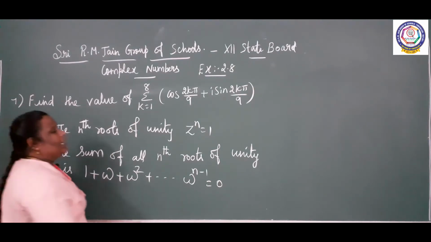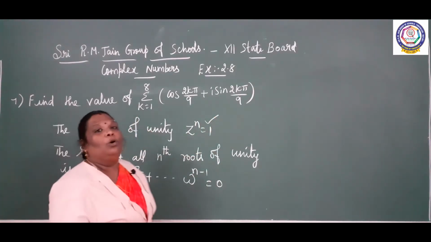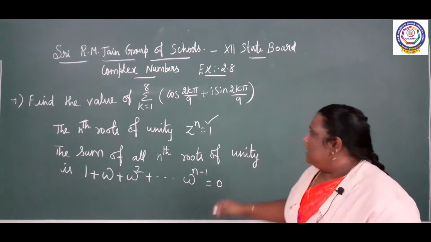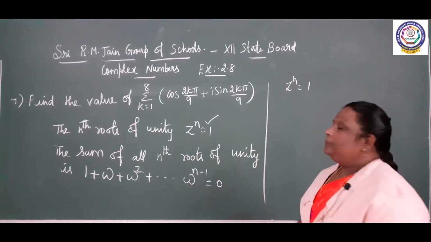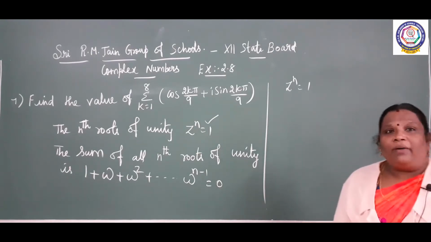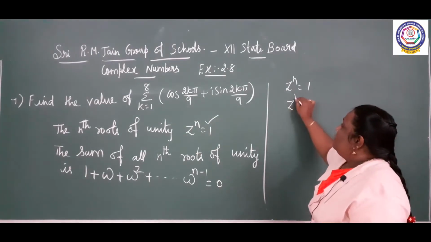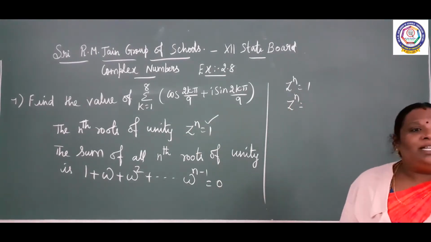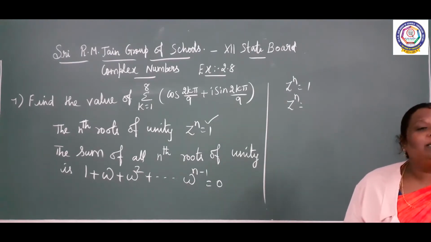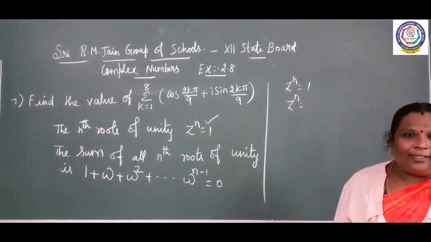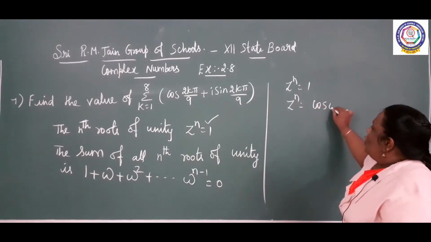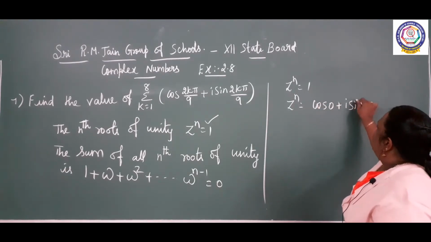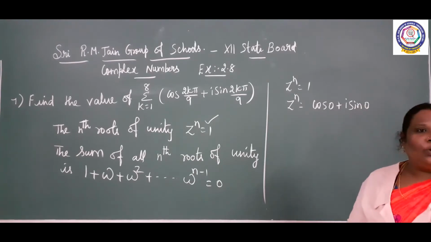So I will take it as z power n equal to 1. What is z power n equal to 1? It means we will write cos 0 plus i sin 0. I already discussed this in the earlier sum itself. 1 equal to cos 0 plus i sin 0.